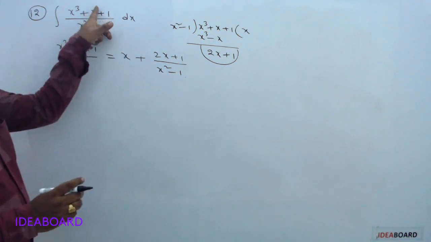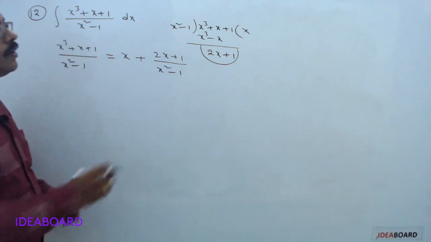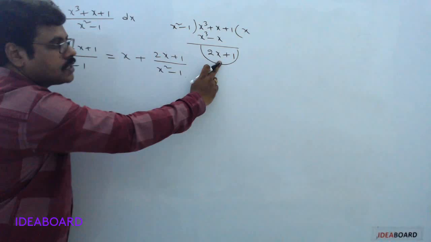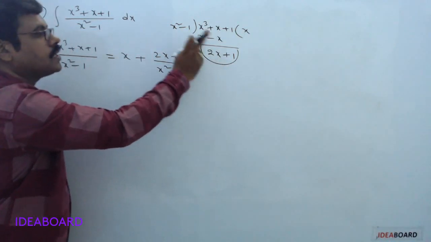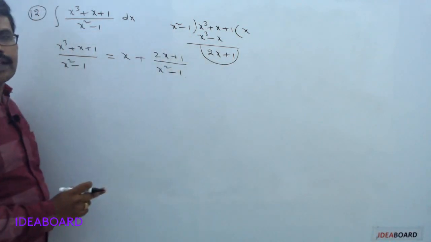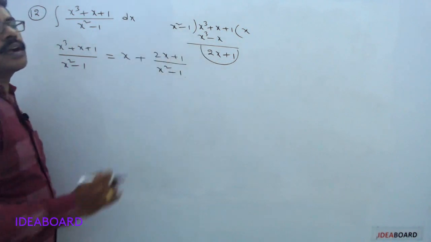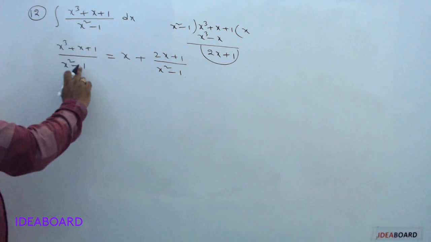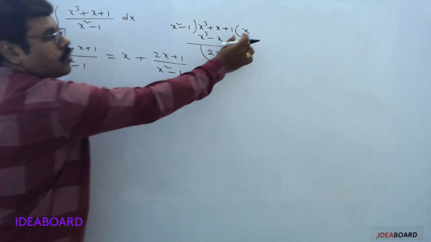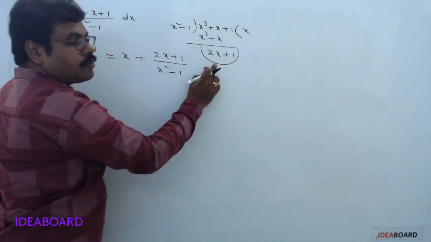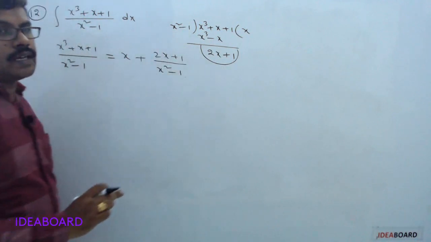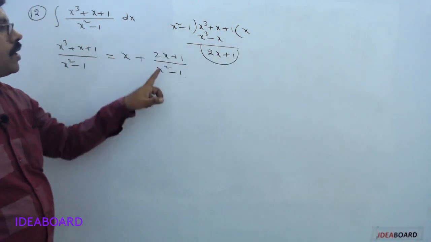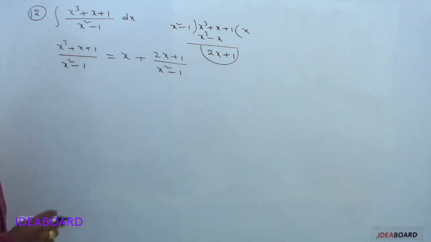So divide the numerator by the denominator till we obtain a remainder such that the degree of the remainder is less than the degree of the divisor. After completion of this division process, we express this improper fraction as quotient plus remainder divided by divisor, that is x plus (2x plus 1) divided by x square minus 1.